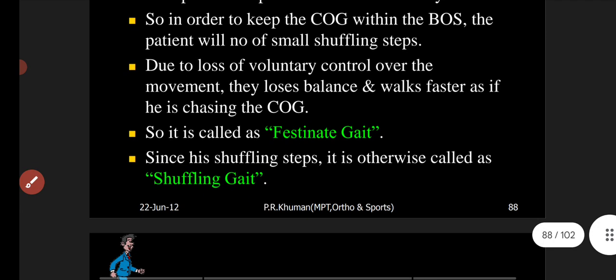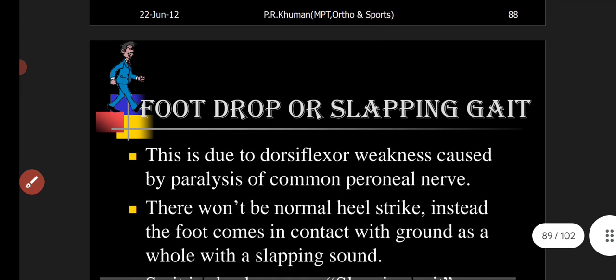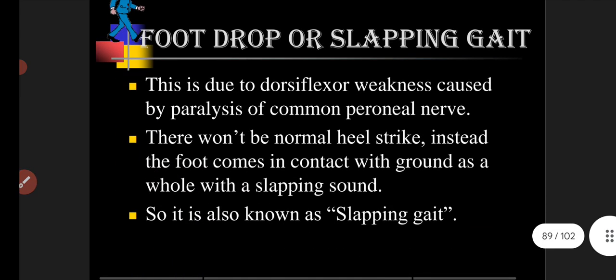Okay, now the foot drop gait or slapping gait. It is due to dorsiflexion weakness caused by paralysis of the common peroneal nerve. There won't be a normal heel strike. Instead, the foot comes in contact with the ground as a whole, with a slapping sound.